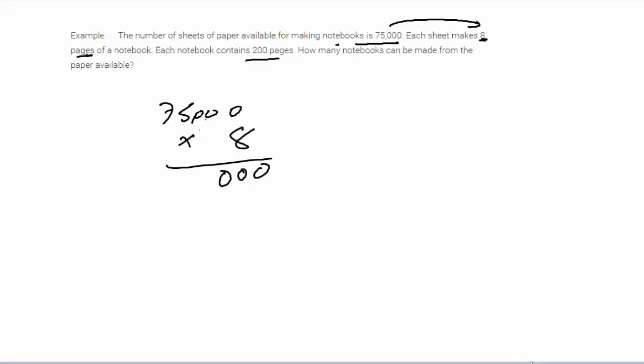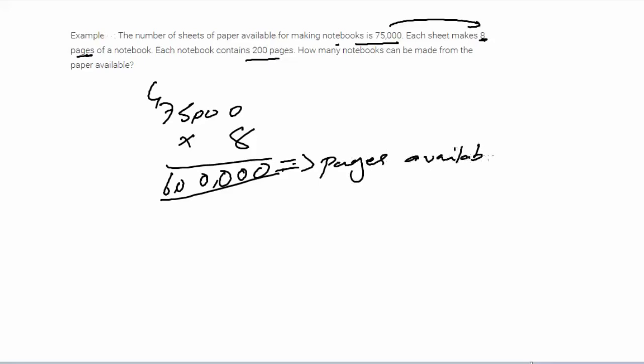You get 0, 0, 0, and 8 5s are 40, 0 carry 4, and 8 7s are 56, you get 60. So commas, and you get 6 lakh pages. So 6 lakh pages are available for you.